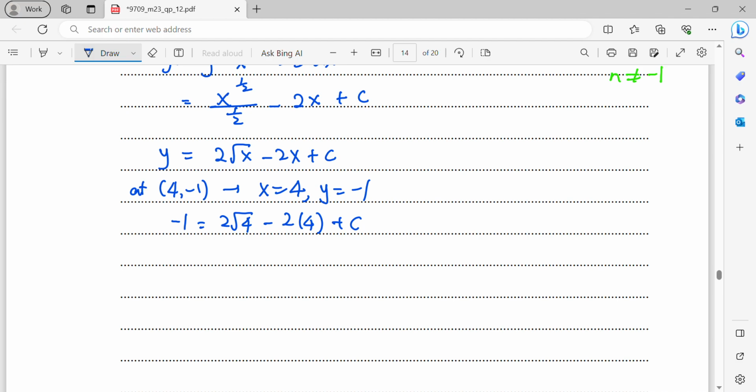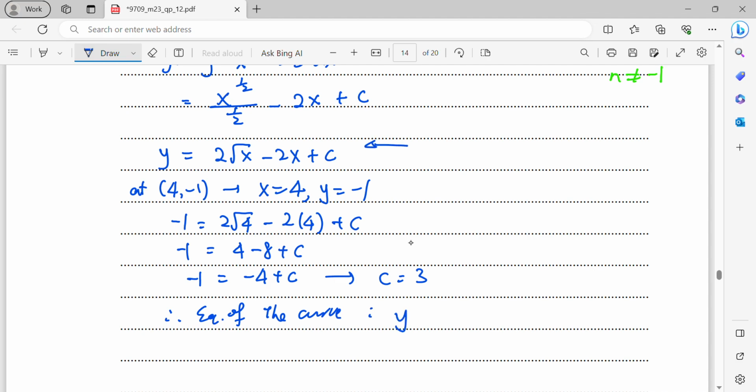Okay, square root 4 is 2, 2 times 2 is 4, then minus 8 plus c equals minus 1. So the right hand side is going to be minus 4 plus c. Then c is going to be minus 1 plus 4, which is 3. Okay, therefore for my equation of the curve, just replace the c value. So y equals 2 square root x minus 2x plus 3. So that is my equation of the curve.